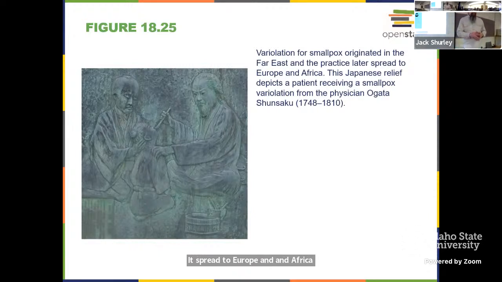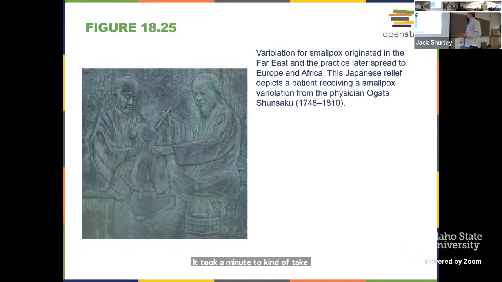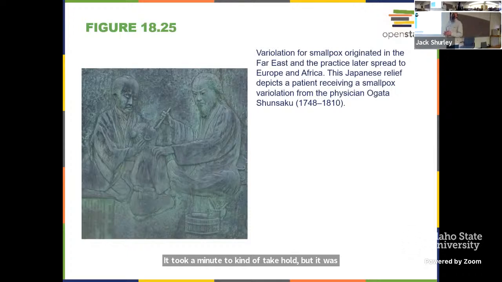Who was it? I think Lady Montagu was the one that had traveled, I believe, to Japan and witnessed some of these practices and brought these ideas back to Europe. It took a minute to take hold, but it was something that held some promise, all right?